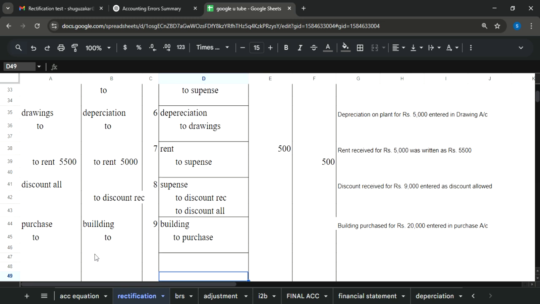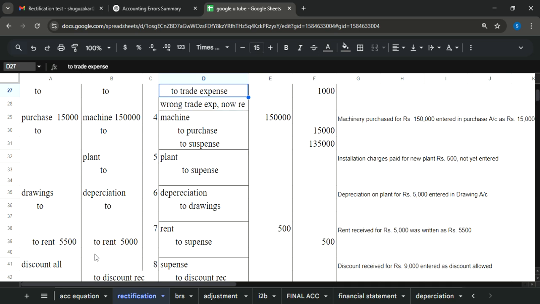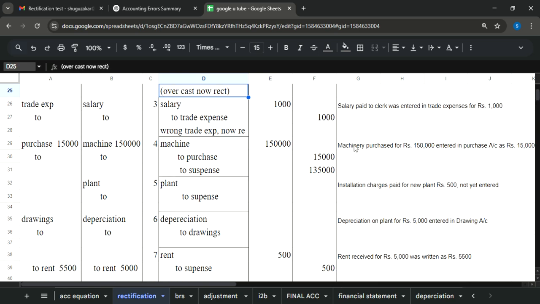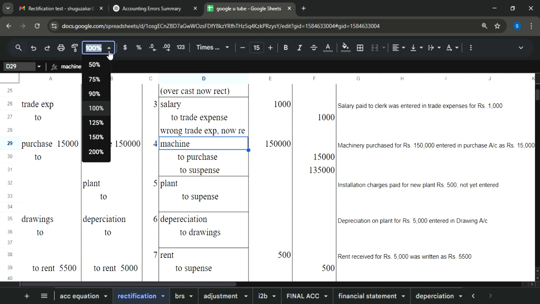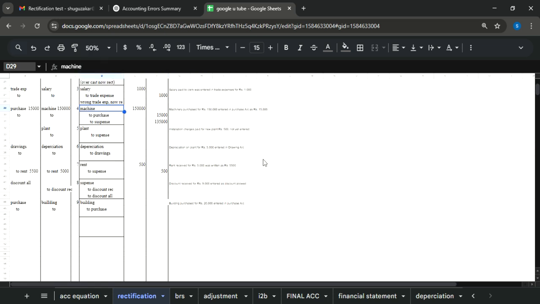There were 9 entries. I am requesting you to please take a screenshot of these questions, or perhaps somebody has taken a picture of the board as well. So there are two ways. First, I am zooming it out so that you can take a screenshot.